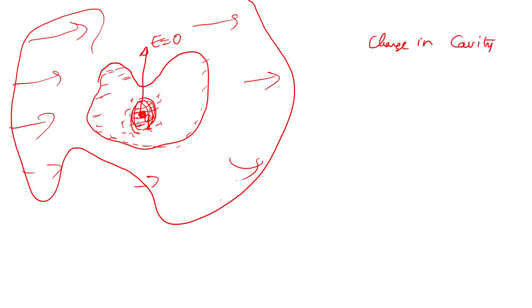So if I have a cavity in a conductor and there is a charge in that cavity, it is shielded from the external field, because the external field is cancelled out by these electrons moving to the surface, and because of that motion, the electric field inside the cavity is cancelled, and that's the essential concept of a Faraday cage. So many sensitive instruments are often put inside a Faraday cage for this reason, to shield them from stray electric fields.